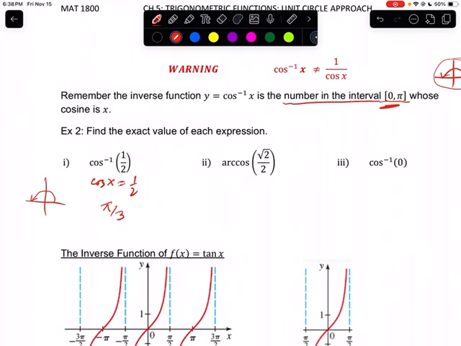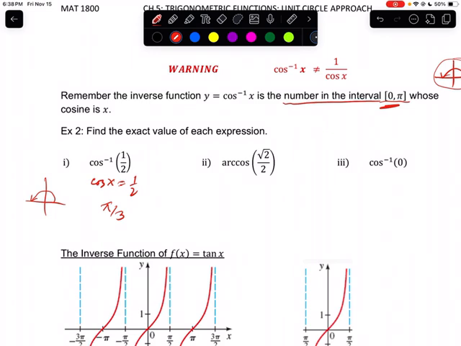Now this is again, if you can memorize the table that I showed you in 5.3, I think before that, in 5.1 and 5.2, I showed you a bunch of values. Then this becomes easier. Okay, the next thing is arc cosine of square root of 2 over 2.